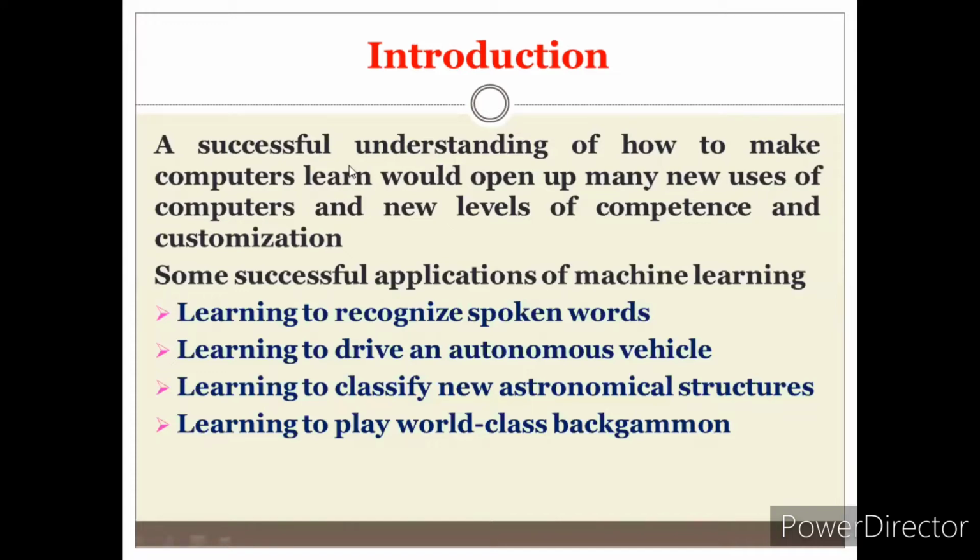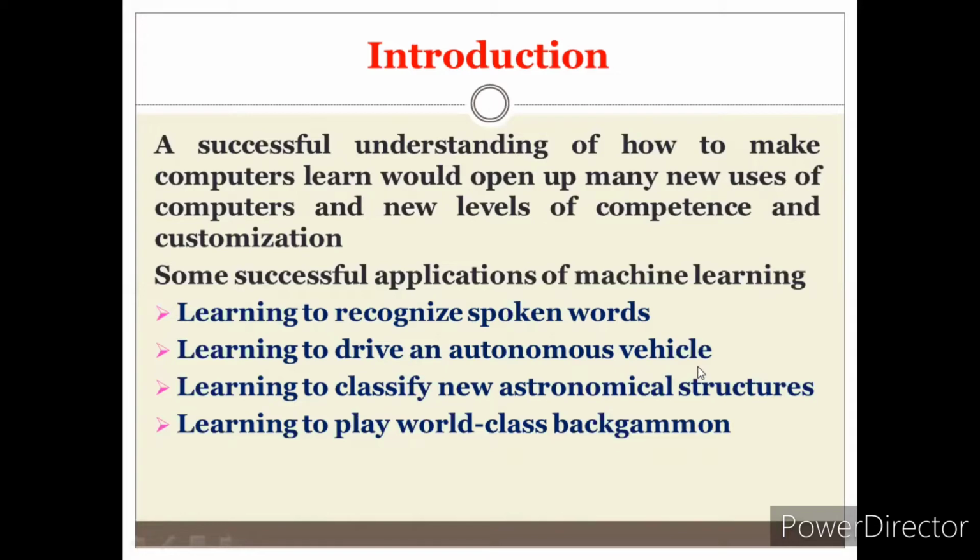Some of the examples, as I said, are learning to recognize spoken words, a simple example being the Alexa advertisement, or a new advertisement of Google.